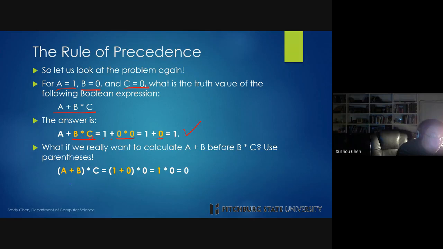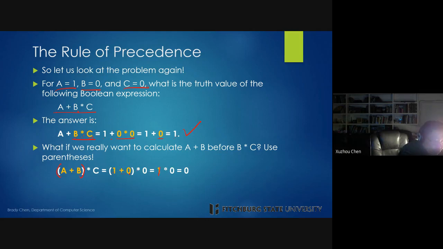Now, if you want to evaluate this, just do the actually OR operation first. Then you have to put the parenthesis. Okay, so then A plus B, that's 1 plus 0. And then multiply C, which is 0. So A plus 1, that's A, and the A or 1, that's 1, right?